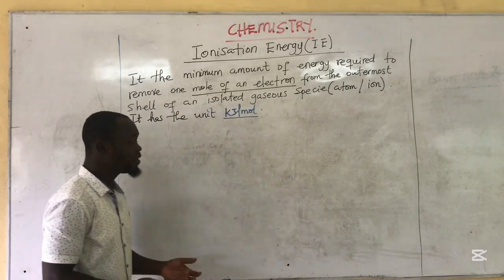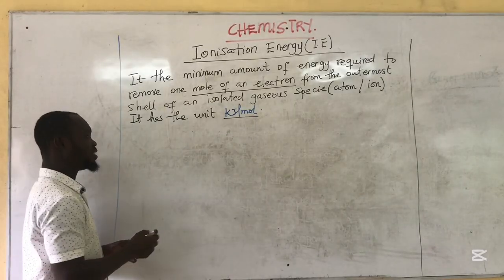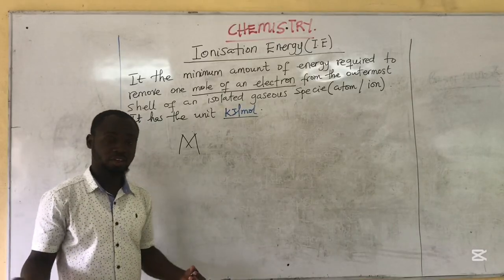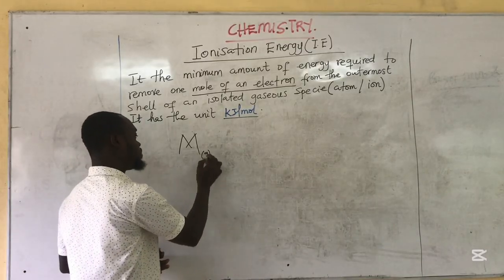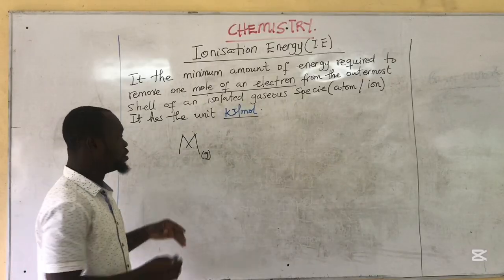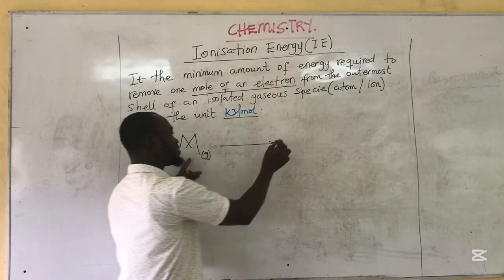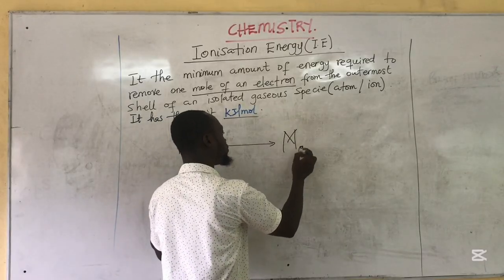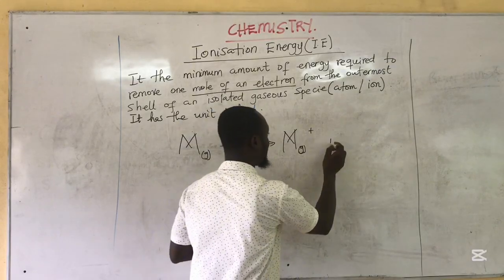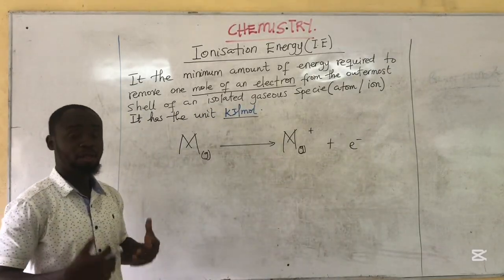So in an equation, let's take a certain element, M. This is element M, or atom M, in its gaseous form. Once we remove an electron from M, it changes to M in the gaseous form, but with a charge on it. Then we write plus e minus.